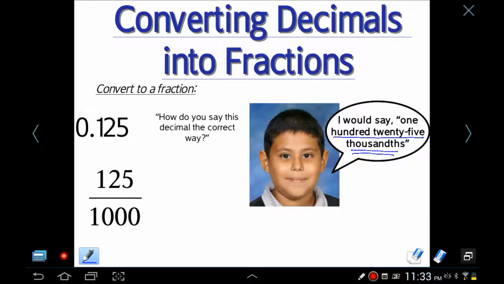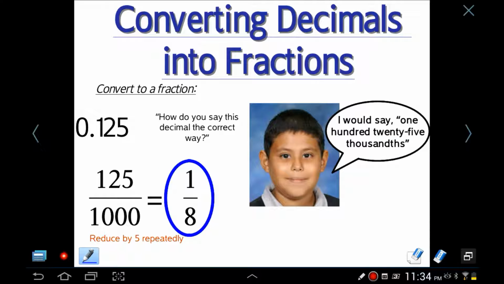There's a lot of ways you can reduce this, but divide by 5 works. 125 divided by 5 is 25, and 1,000 divided by 5 is 200. Now that is not in lowest terms, so let's keep going. 25 divided by 5 is 5, and 200 divided by 5 is 40. And so let's keep going here. 5 fortieths equals 1/8. And there you have it, 1/8 is our answer. Thanks, Bryant, for doing that for us.